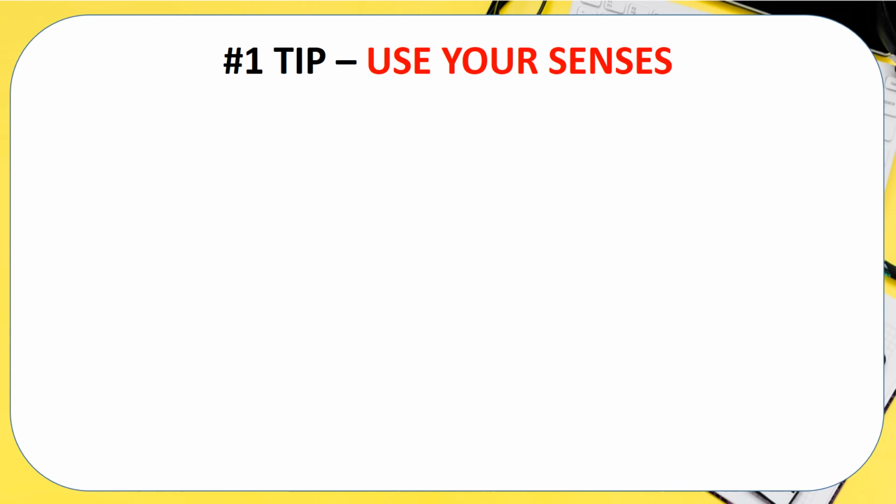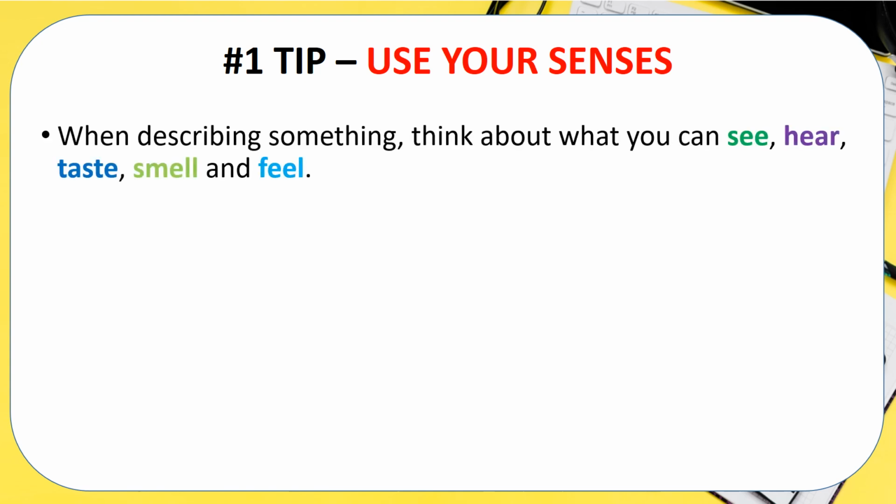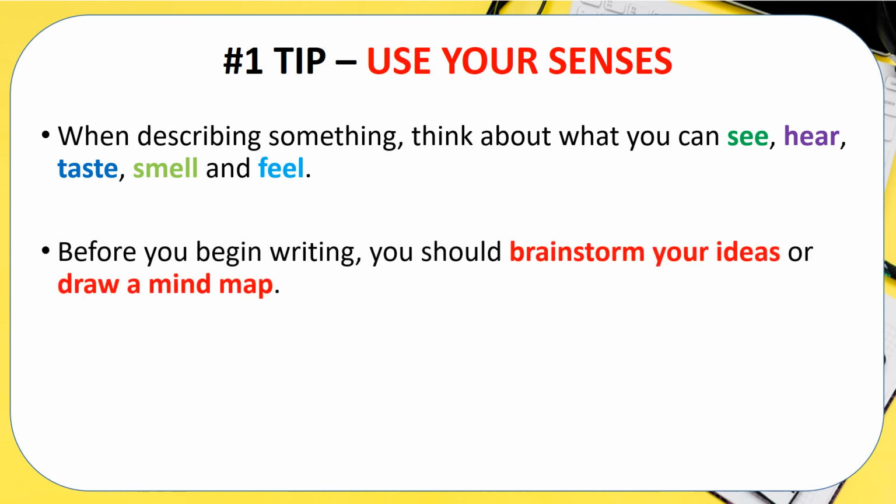As I said earlier, we need to use our senses. So when describing something, think about what you can see, what you can hear, what you can taste, what you can smell, and how you feel, right? But before you begin writing, you should brainstorm your ideas or draw a mind map.